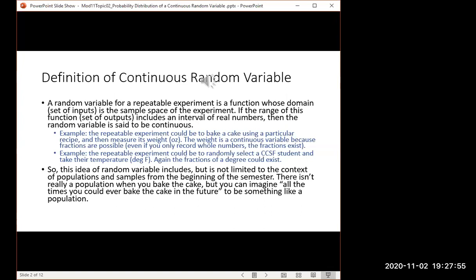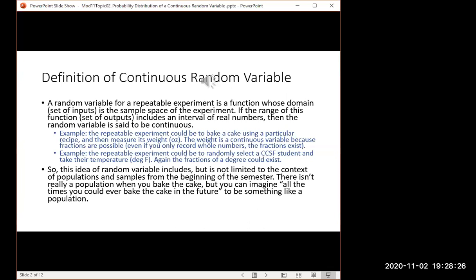So for example, the repeatable experiment could be to bake a cake using a particular recipe, and then you measure its weight in ounces, and the weight is a continuous variable because fractions are possible. This is hardly different at all from selecting a random person and measuring their weight.